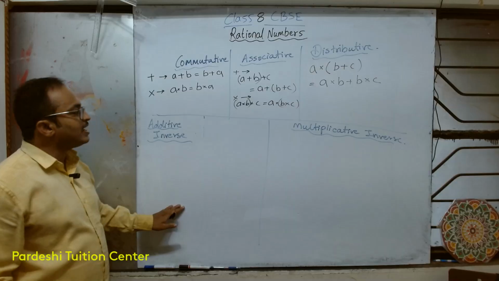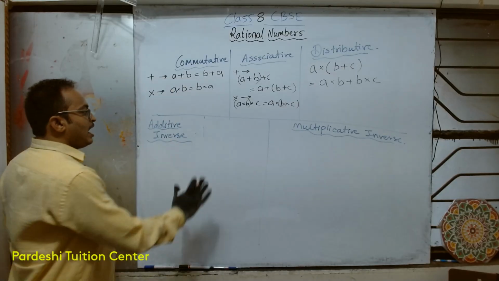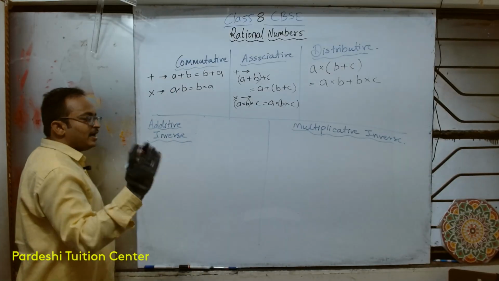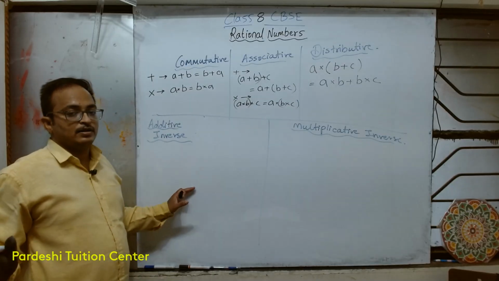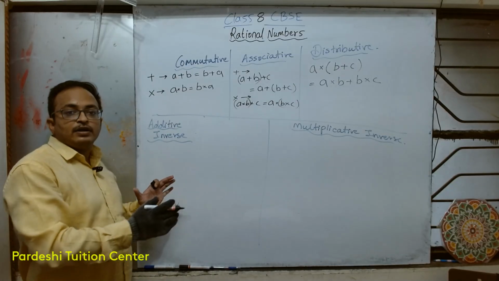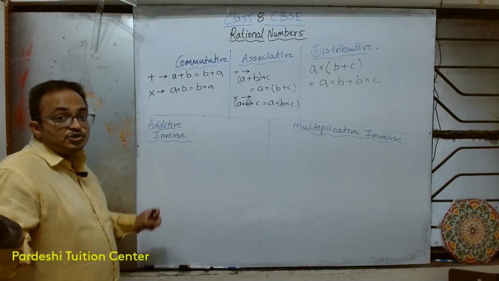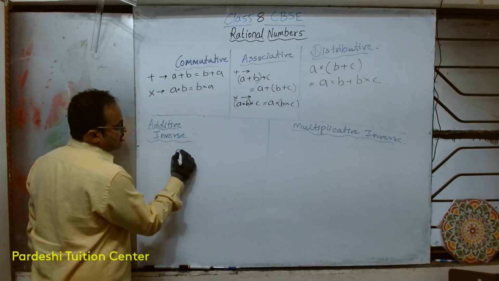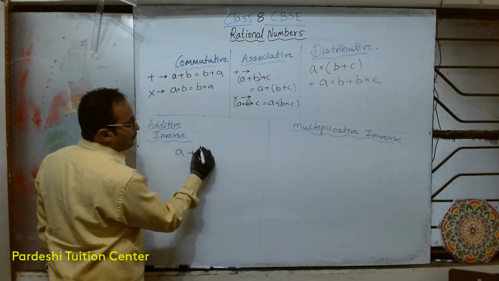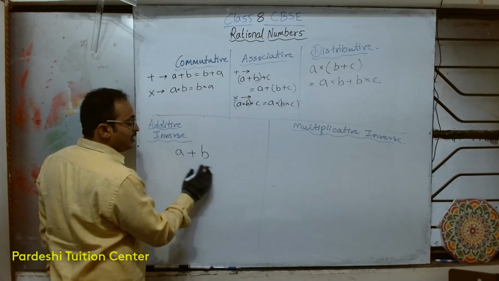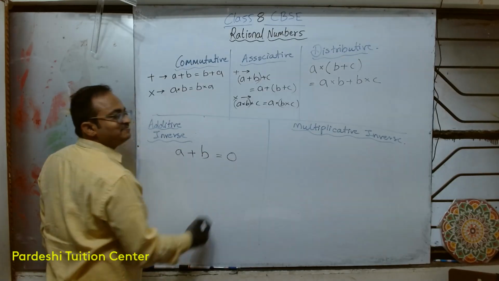So now what is the additive inverse of a rational number? I'm just giving you an idea. The additive inverse of any rational number is another number which, when added to that number, gives the sum 0. That is, if there is a and I add any other number b to it, the addition will become 0.